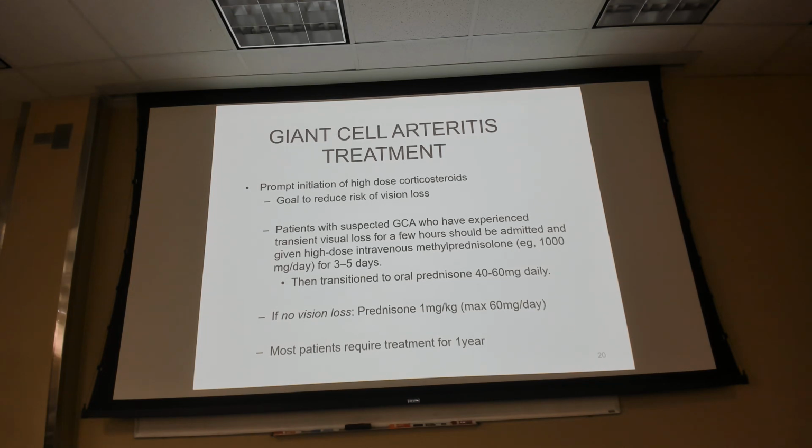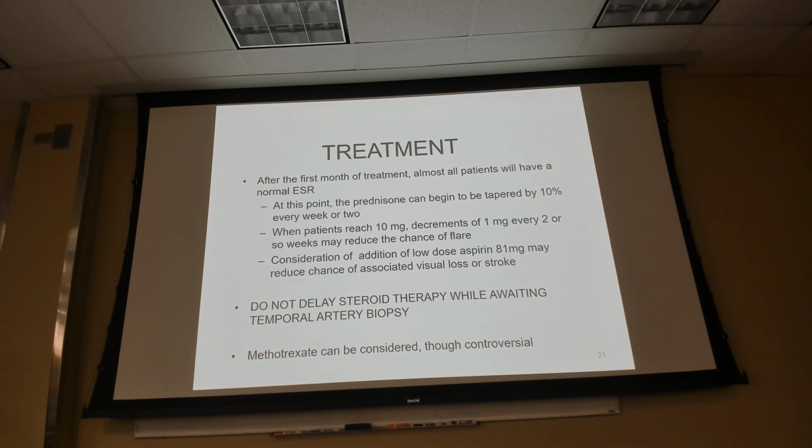If they have GCA, they will be treated for up to a year to make sure that it's gone and it stays gone. After the first month of treatment, almost all patients will have a normal ESR. Once you can see that the ESR is lowered, we can start to taper it down.